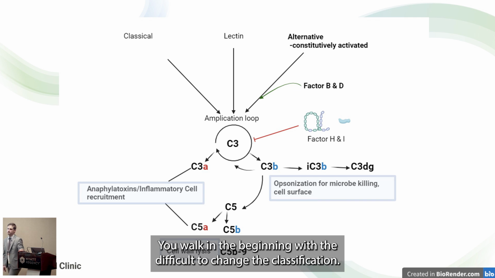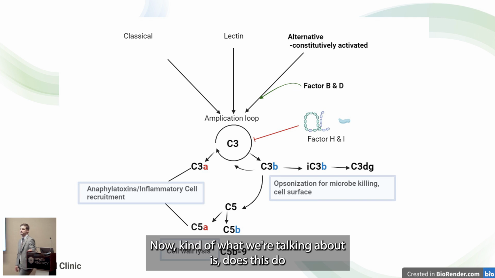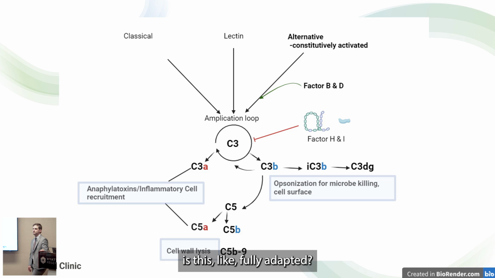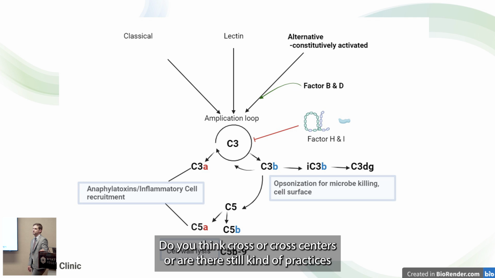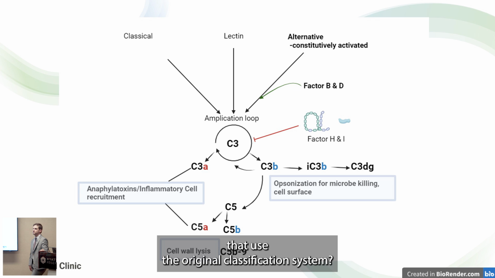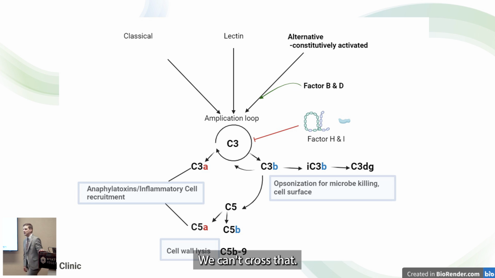Another question. I know you were walking through the change in classification at the beginning, and how we're talking about this now. Is this fully adopted across the country, or are there still practices that use the original classification system? How's that adoption?